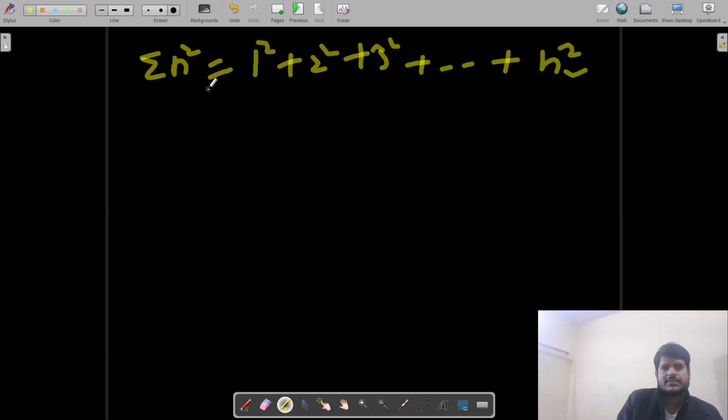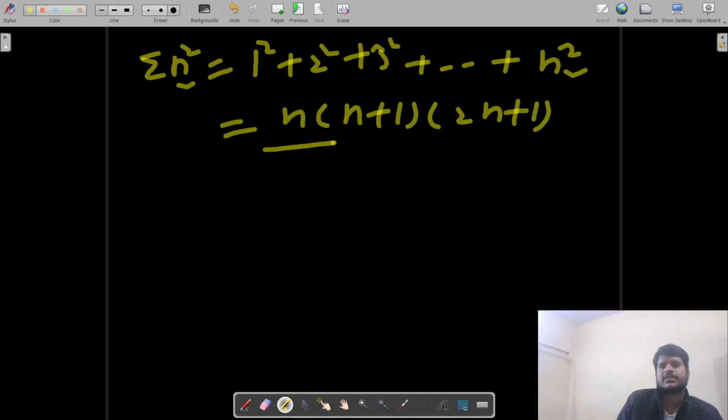The formula value is n into (n plus 1) into (2n plus 1) upon 6.